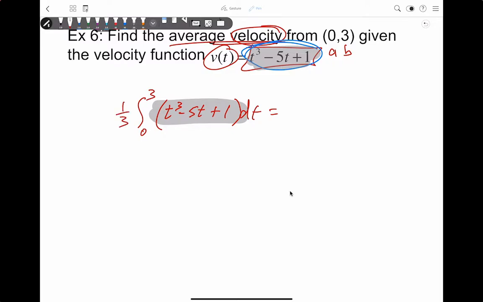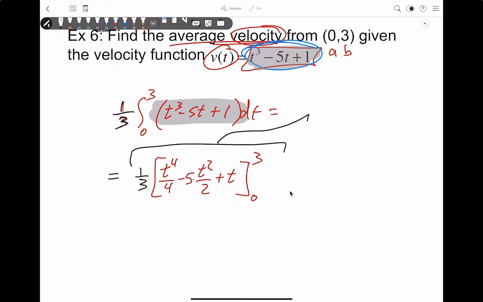And then we have t to the 4th over 4. Then we have t squared over 2 with the constant multiple rule of 5. And then we have a positive t. This is evaluated from 0 to 3. And like before, at the very end, the 1/3 is going to be multiplied. Pretend like all of this information would go right here.